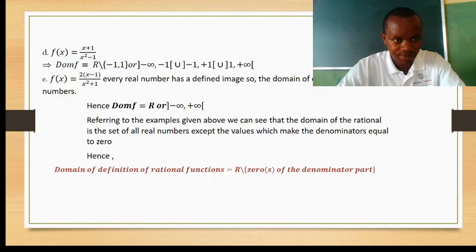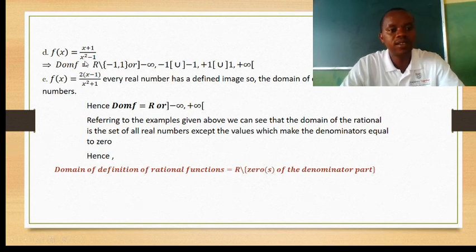For D, f of x equal to x plus 1 over x square minus 1, we have found that elements minus 1 and 1 have no images, which means that the domain of definition will be the set of all real numbers except the elements minus 1 and 1.